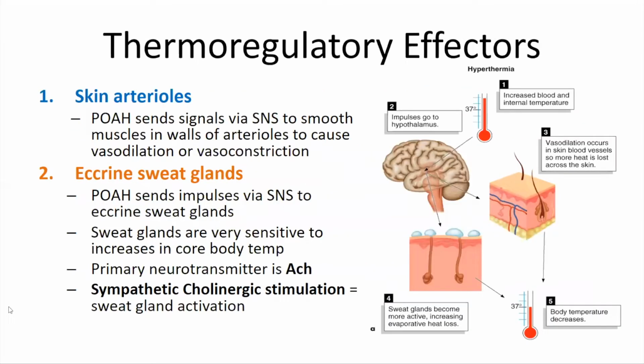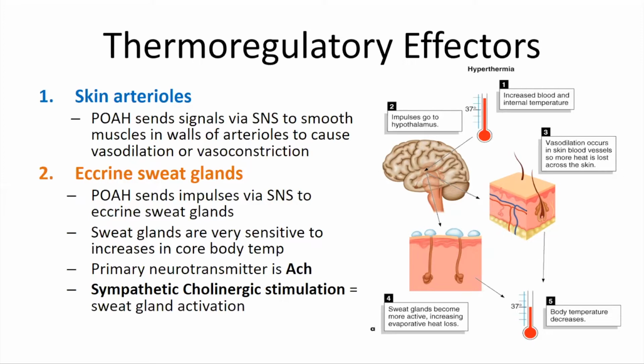So what happens when we become hot? Well, the preoptic anterior hypothalamus will send a signal through the sympathetic nervous system to the smooth muscles in the walls of the arterioles to cause vasodilation. So if we look at number one, increased temperature is going to send a signal to our preoptic anterior hypothalamus, which will then cause our skin arterioles to vasodilate.